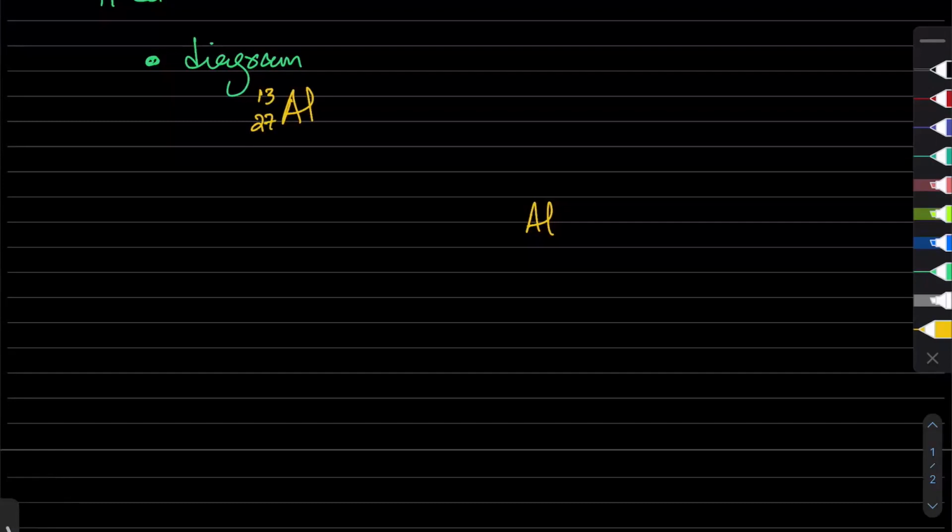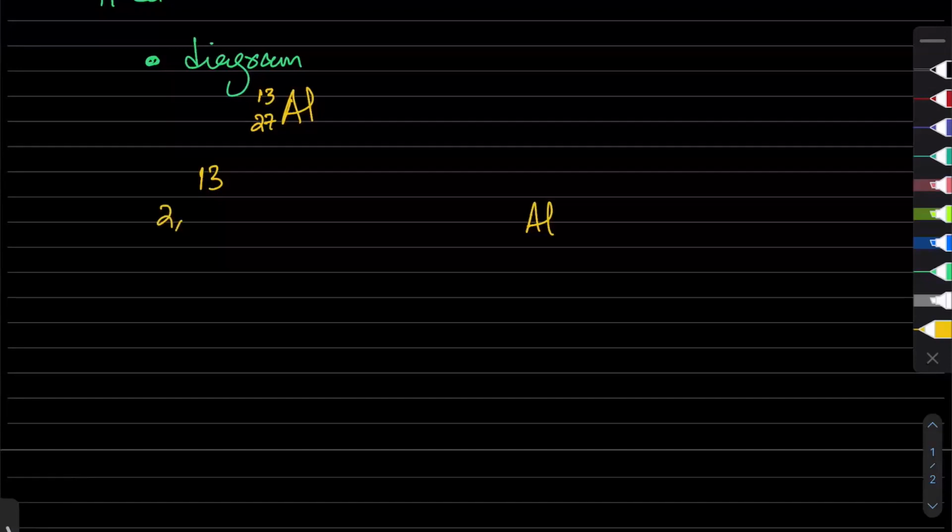I'm getting that information from the periodic table. So aluminum has 13 protons, and you can see that there's no charge. If there's no charge, it has 13 electrons, because remember, electrons are protons minus charge. So 13 minus 0 is 13. Okay, so I have 13 electrons.